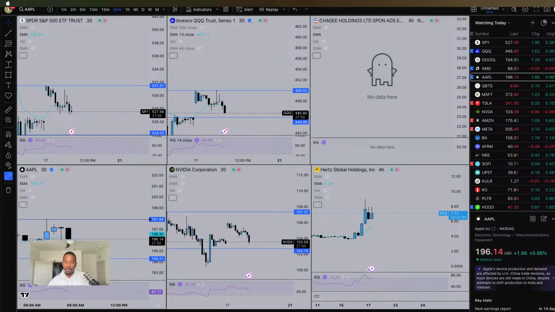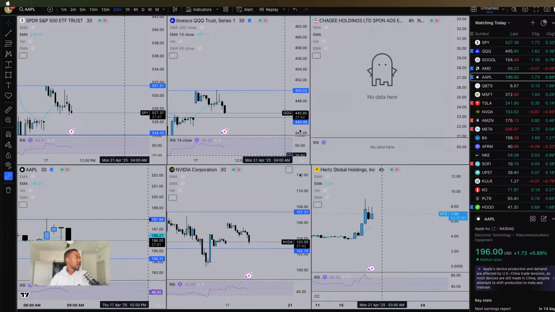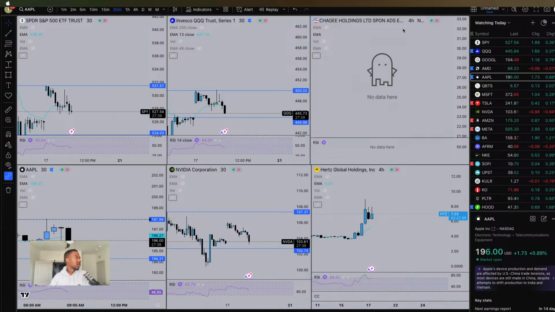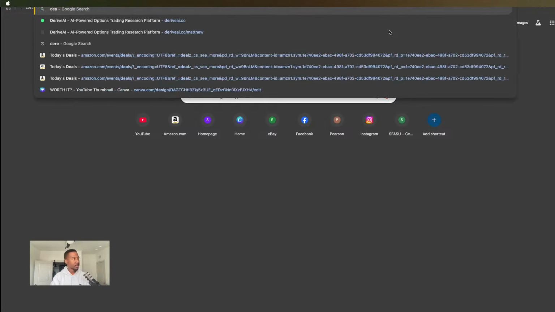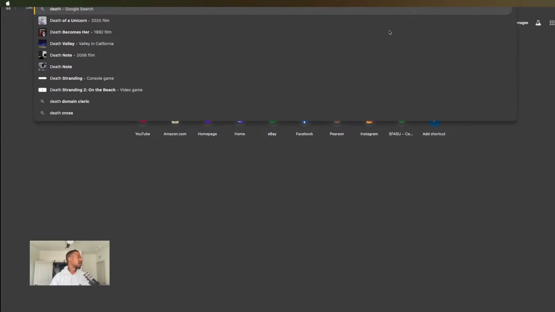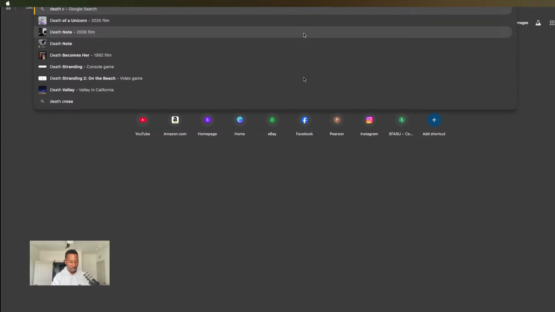Oh, can you add Berk B? I think we're starting to see a break. We can take a look at it in a moment. Let's look at this death cross first, just because it's a little too soon to be trading.